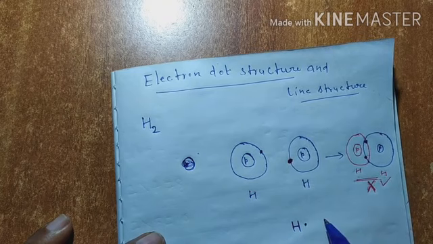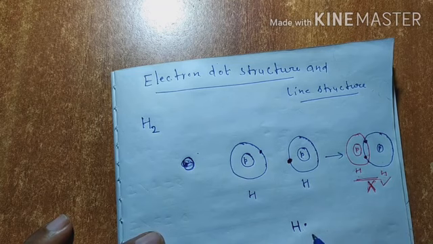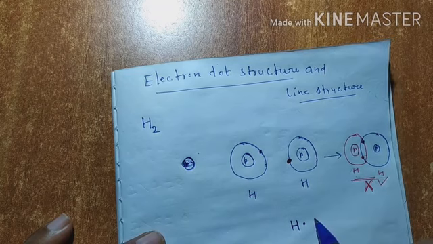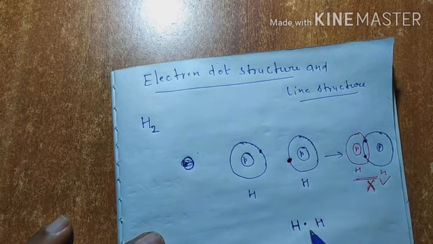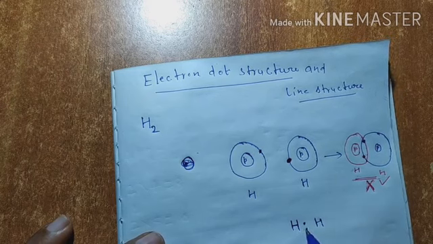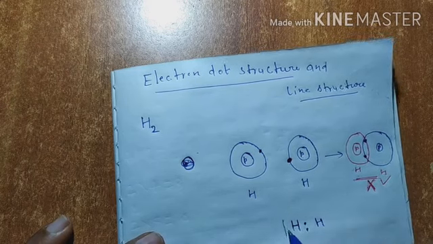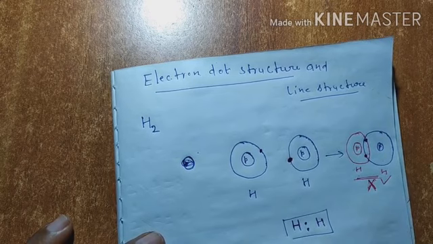Take one more hydrogen atom, and again there is 1 electron. So show it here like this. This is how you have to draw the electron dot structure.